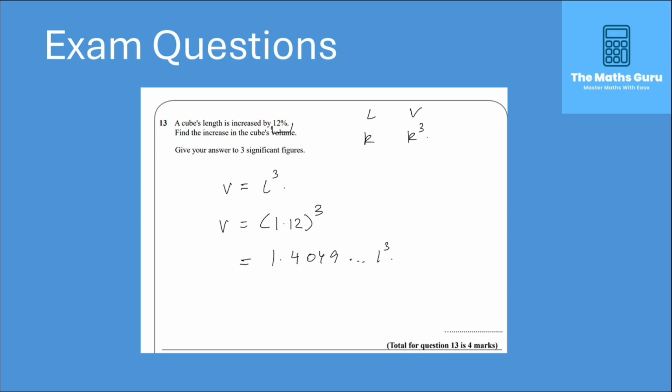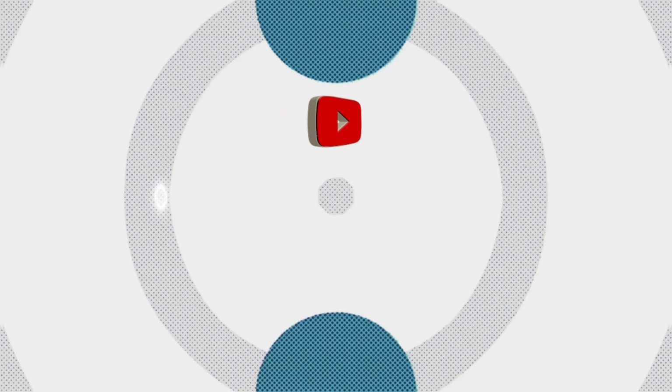Now this is our percentage multiplier. We need to find the increase in the cube's volume. So we need to do 1.4049 minus 1 times by 100 to get our percentage increase, which is going to be equal to 40.5%.